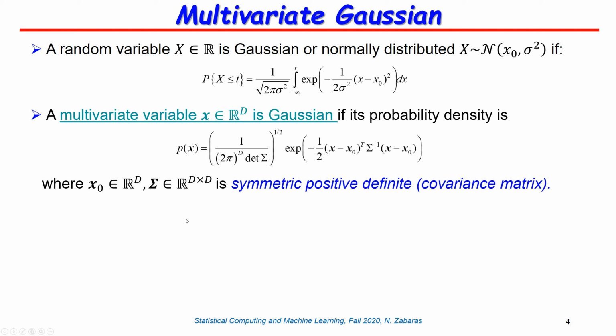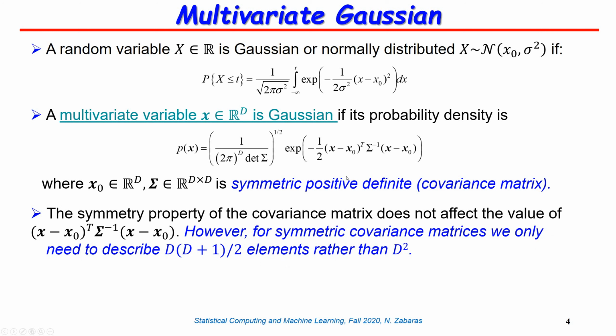With that said, notice that this exponential here is not affected by the symmetry property of sigma. We could have any sort of matrix sigma here, and it would be equivalent to use the symmetric part of that sigma. Just remember that this quadratic form is not affected by the symmetry property of the covariance matrix.